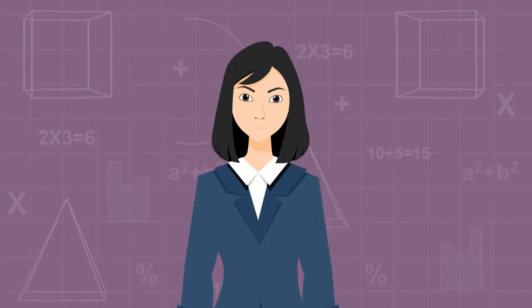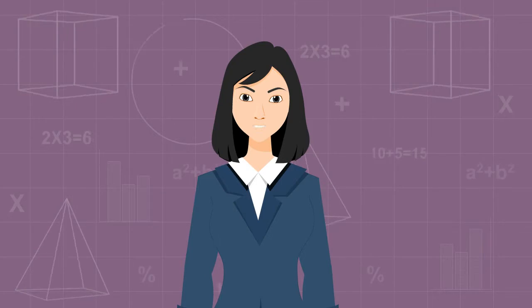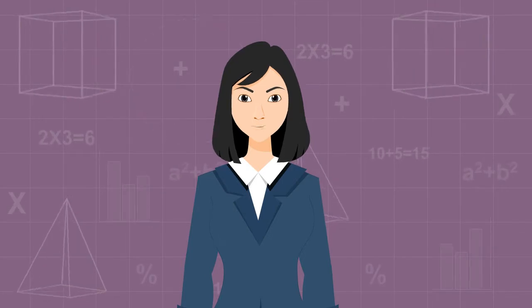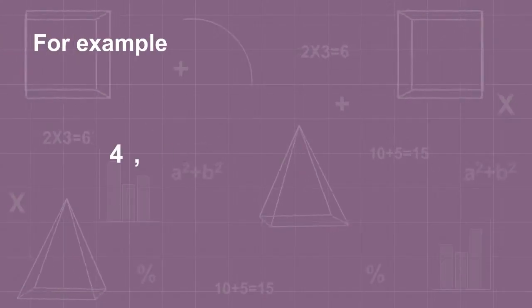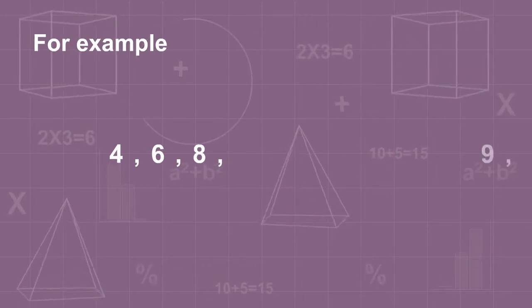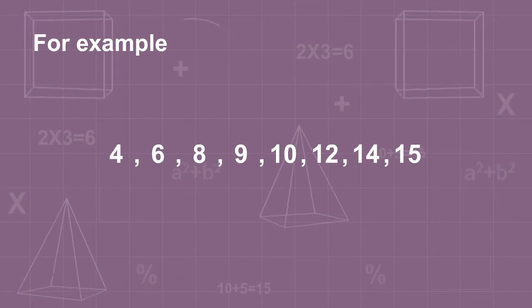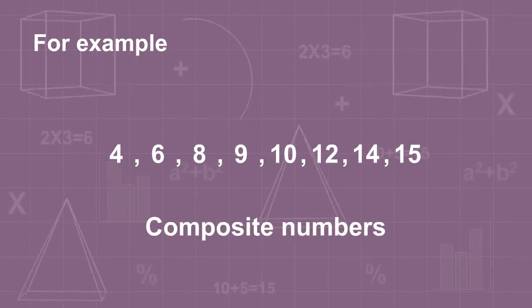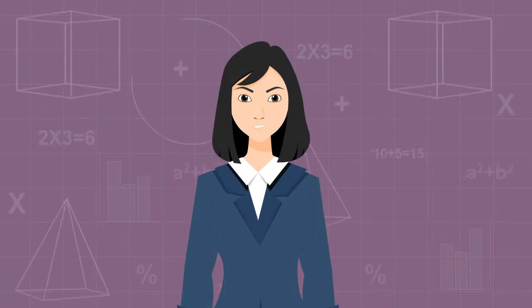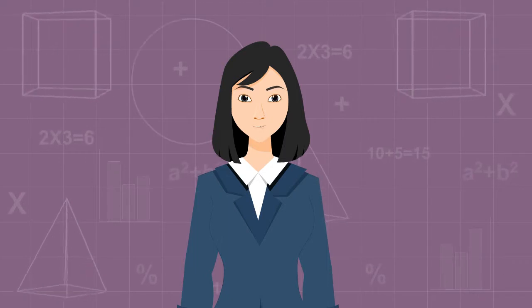A counting number having more than two factors is known as composite number. For example, 4, 6, 8, 9, 10, 12, 14, 15, etc. are composite numbers. So, do you get the concept of prime numbers?